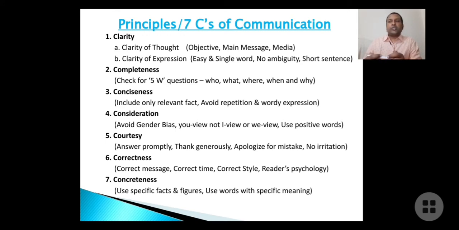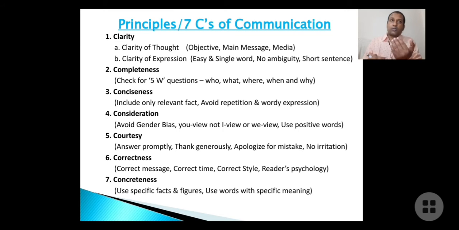ইউ মেনশন ইন এ লেটার, you have to use a dear sir or madam, you can use that, could be a symbol of gender equality. Okay, fine. You view, not I view. That is you view, that is you have to think about the other side. What's the psychology of the background of the opposite side?